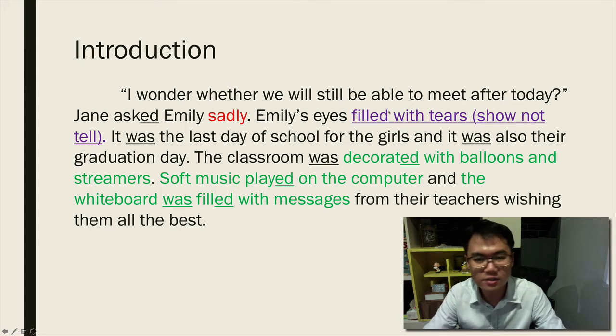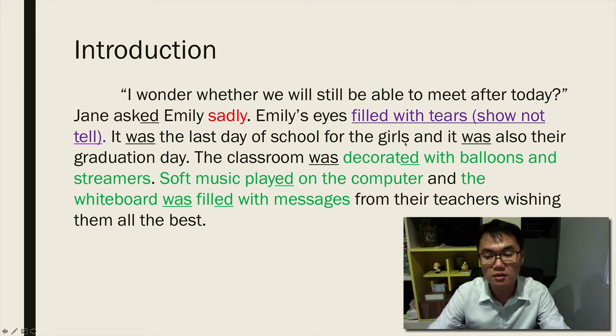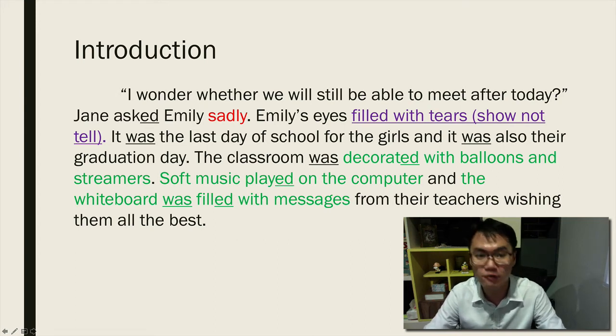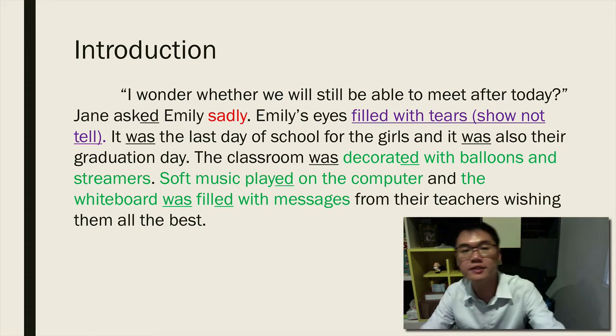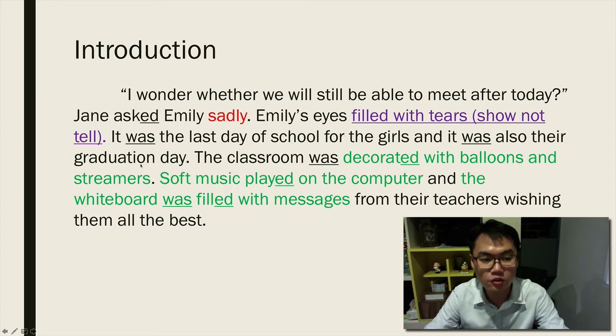And the reason for this? It was the last day of school for the girls, and it was also their graduation day. Now, graduation day is when we end our schooling days in a particular school and get ready to move on to the next stage of our studies. So it was the graduation day for Emily and Jane.